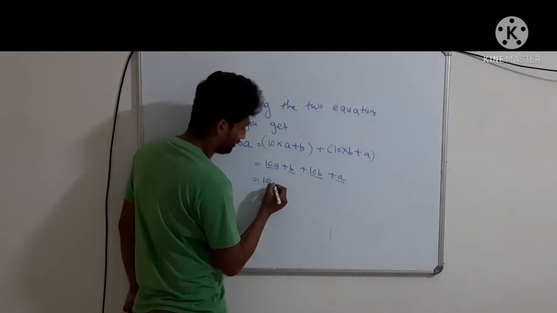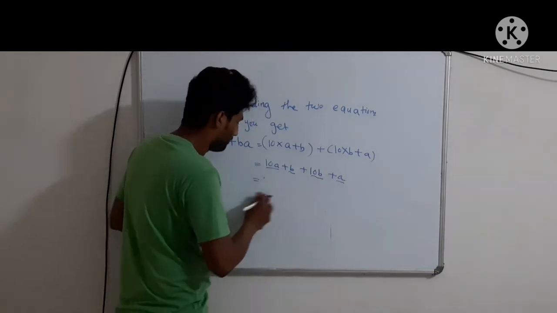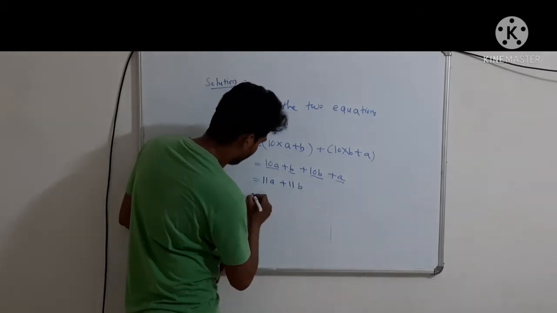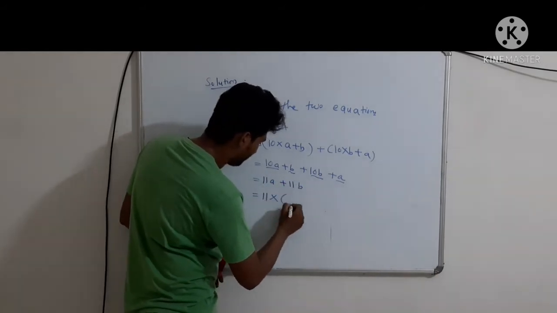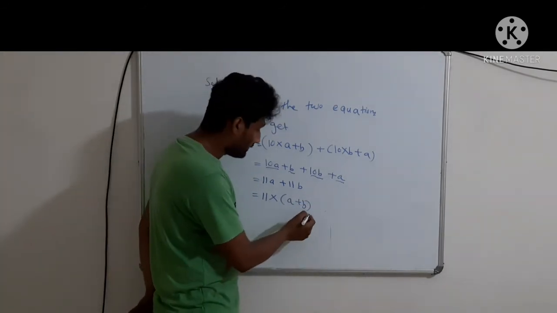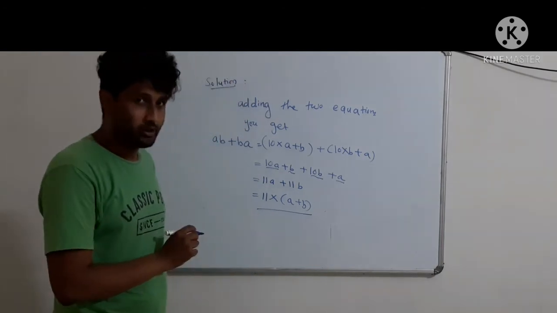So I will get what? 11A plus 11B, which is equal to 11 into bracket A plus B. So here you can see that you get 11 into A plus B.